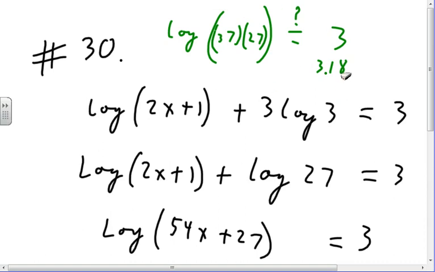Yeah. So if you're going to check your work, you should check your work using the exact same problem.